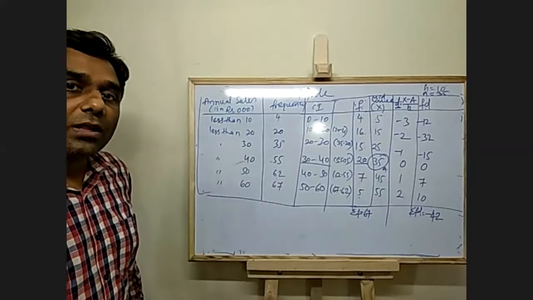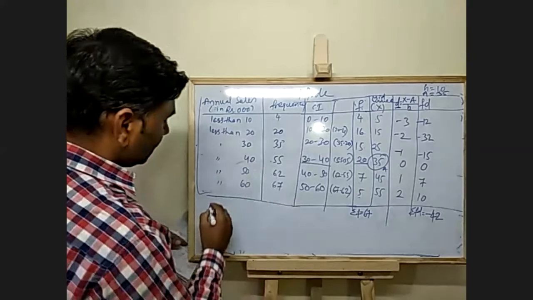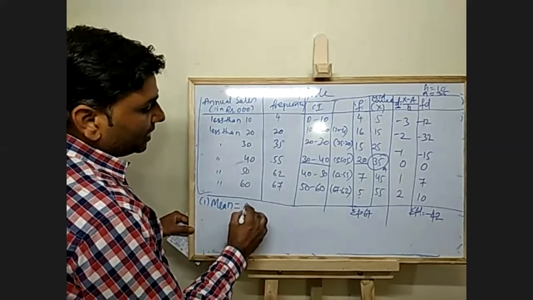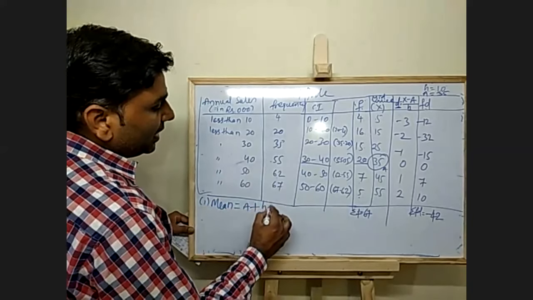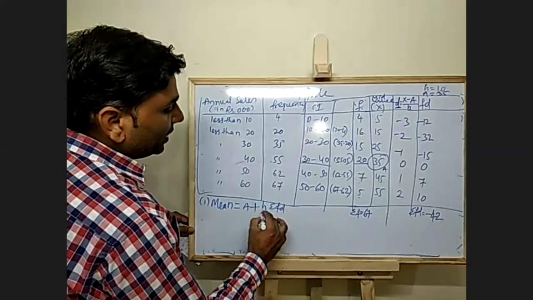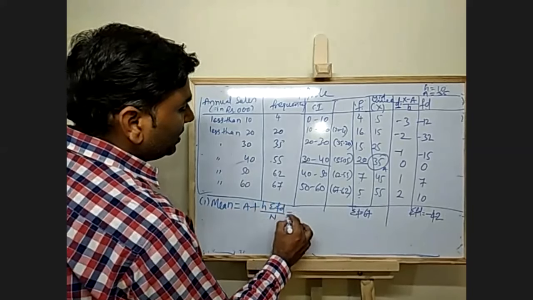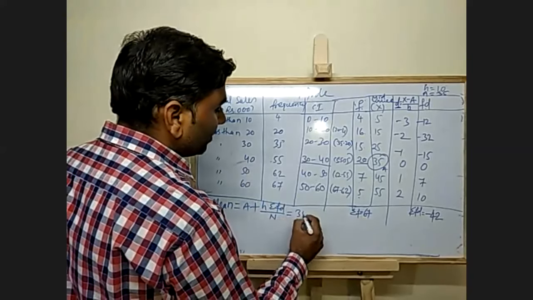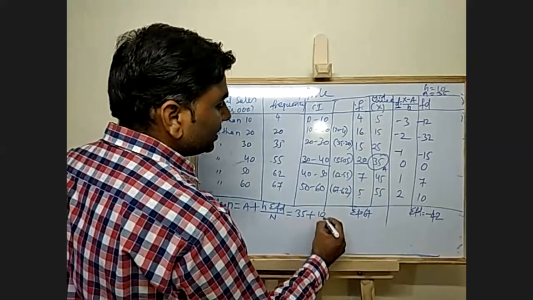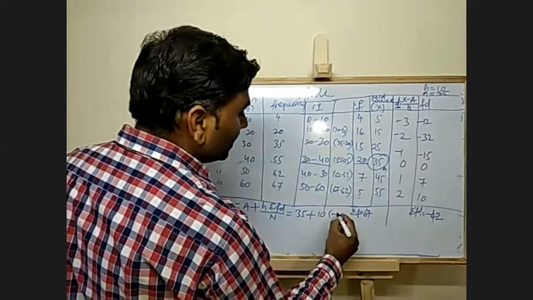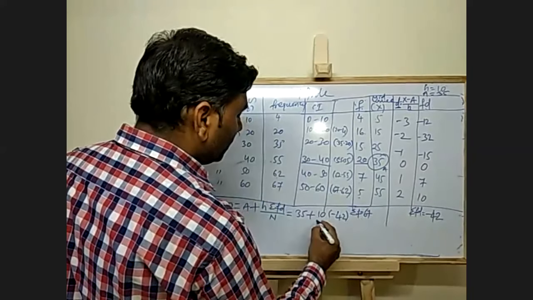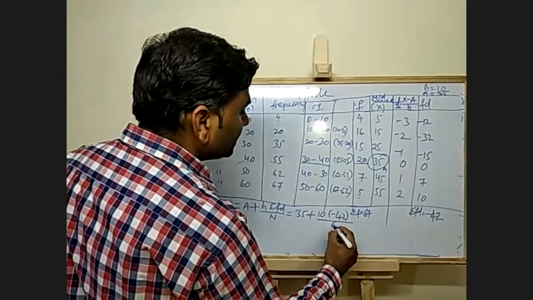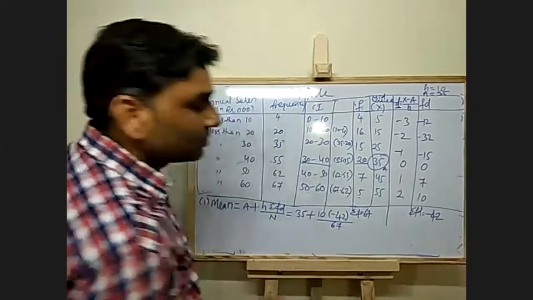Now I have all the values. I will calculate the mean. Mean is equal to assumed mean plus h into summation of f into d divided by n. N is nothing but your total frequency. So A is 35 plus h is 10 into minus 42 divided by n, which is 67.